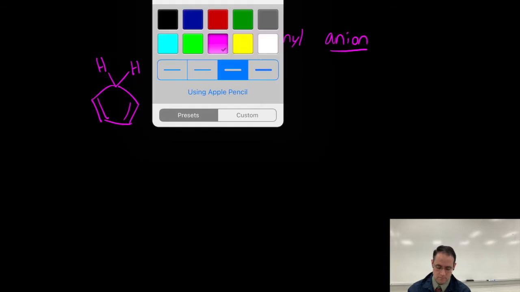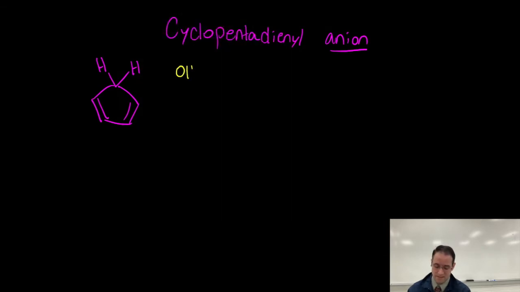So let's look at cyclopentadienyl anion. Okay, this is a negative charge. So let's take cyclopentadiene and treat this with sodium hydroxide in an acid-base reaction.